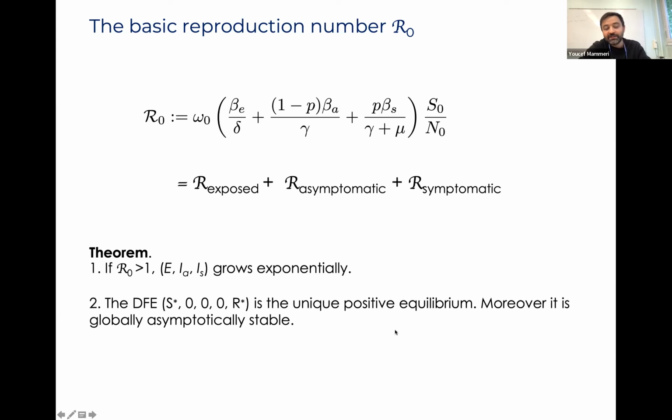This theorem just says that if you wait for a very long time, at the end, everybody will be, actually not recovered, removed, meaning recovered or dead, or susceptible. I mean, if you wait a very long time, the epidemic will vanish.